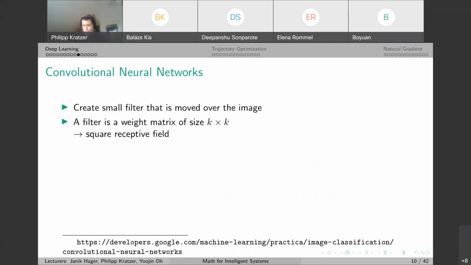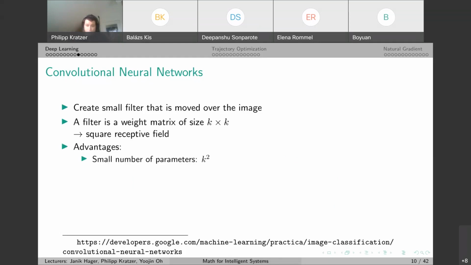So convolution, in German, convolution means Faltung, which is a mathematical operator. You might have heard about this. And a convolutional neural network usually uses just a small square filter that is moved over the image.